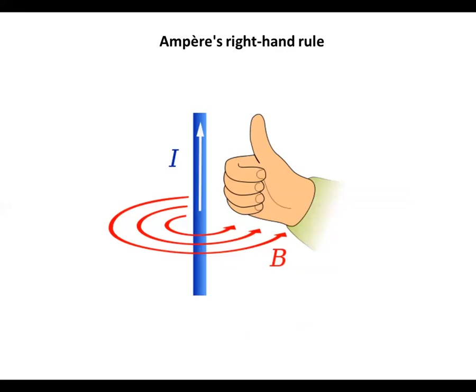That's a real simple rule: if you point your thumb in the direction that current's moving in a wire, parallel to that wire, then the magnetic field is going to be circular around that wire in that direction. So the magnetic field radiates from that wire in all directions, 360 degrees out.